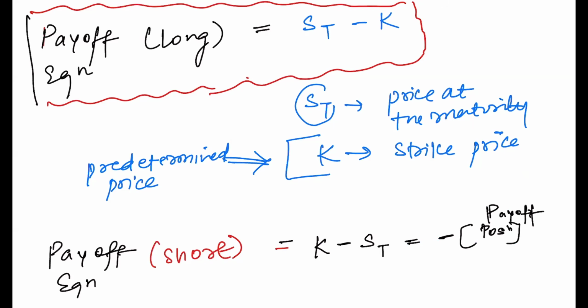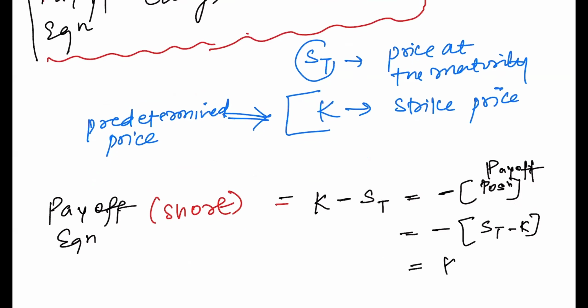We know the payoff for a long position is ST minus K, so this becomes K minus ST. So remember this equation also.